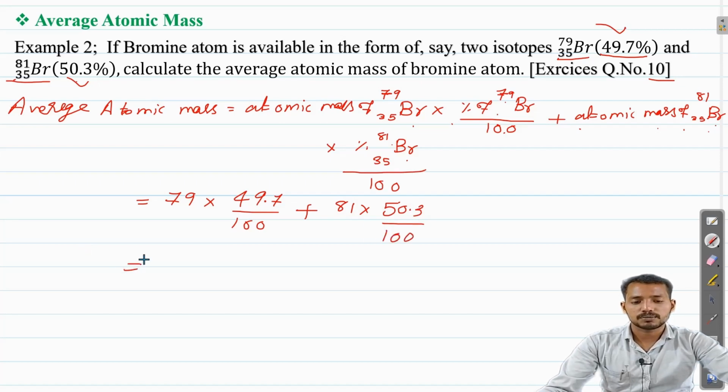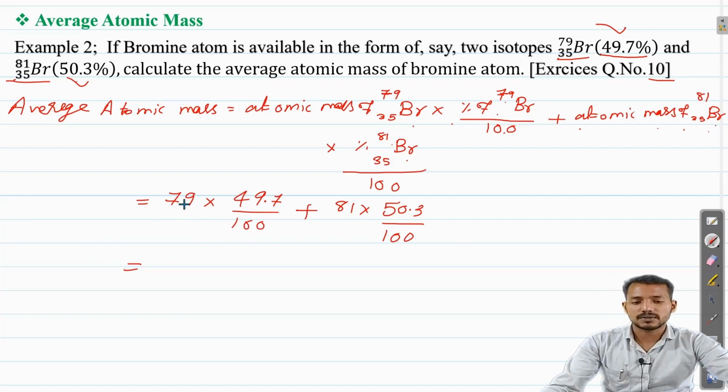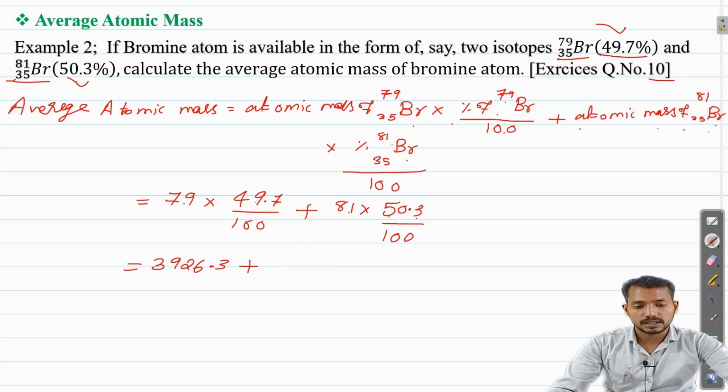That is equal to, the denominator is the same, so first multiply the numerators and add them. 79 into 49.7 we get on multiplication 3926.3, plus 81 into 50.3 we get 4074.3, whole divided by 100 because the denominator of both terms is 100.